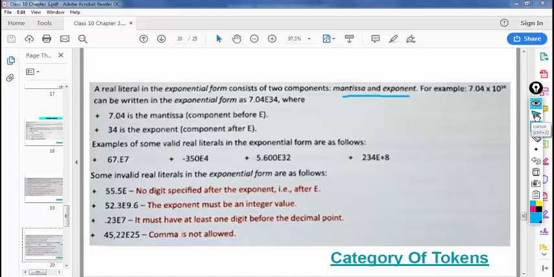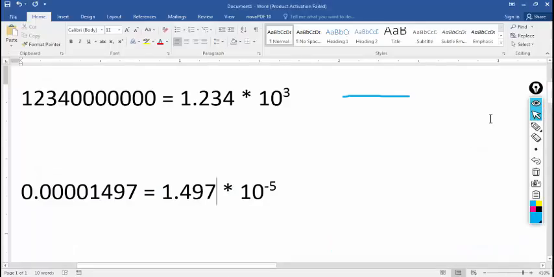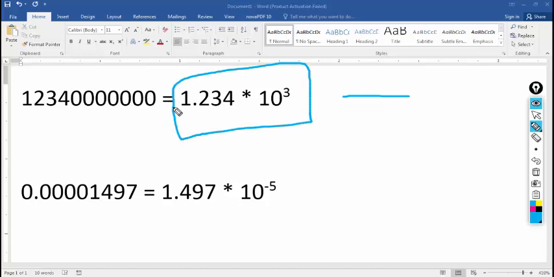If you don't know what scientific notation is, let me explain. The number which you can see here is known as the scientific notation. Both these examples are in the form of notation.